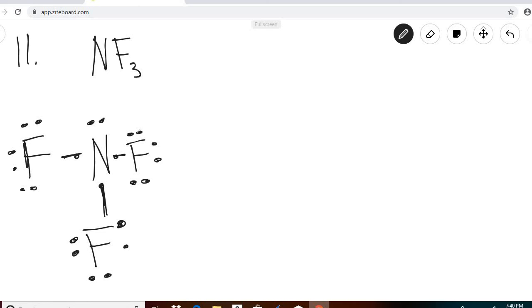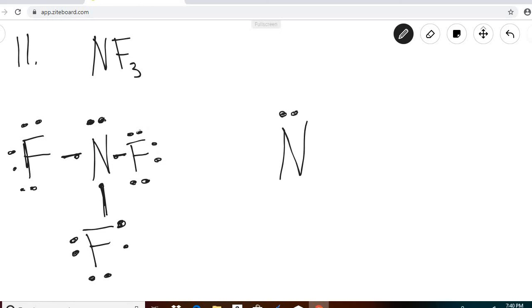Okay, so then you're asked to draw the stick figure. So the central atom is going to be the nitrogen because it has the highest number of unpaired electrons. And of the 4 spots around it, it has 1 pair of unpaired electrons.